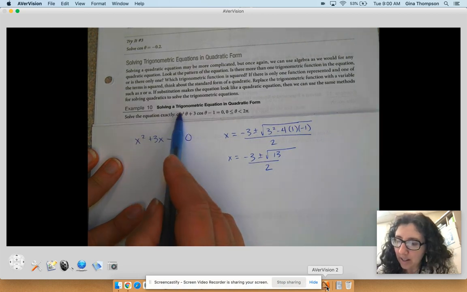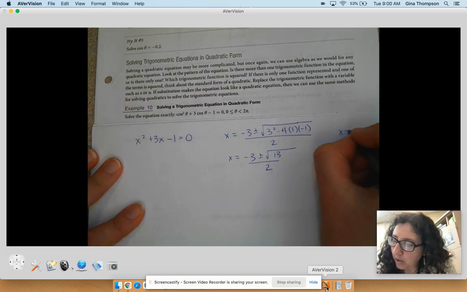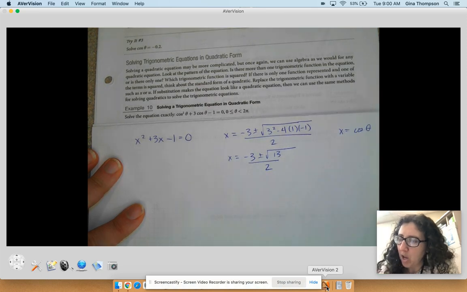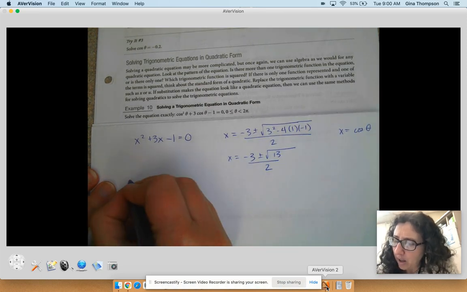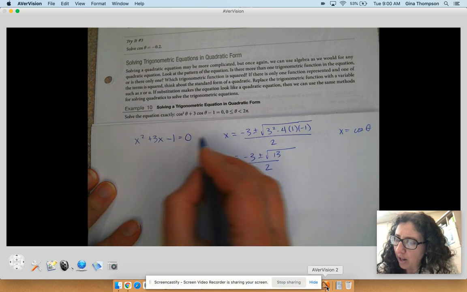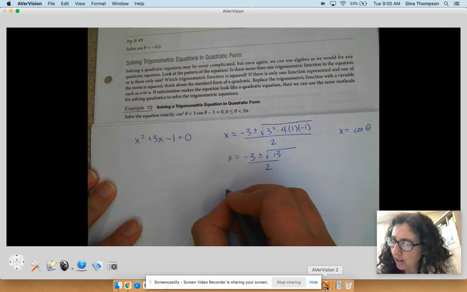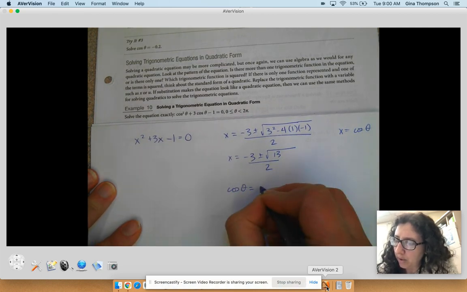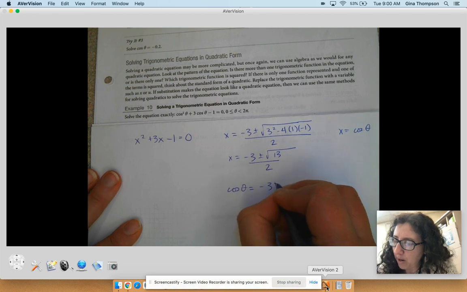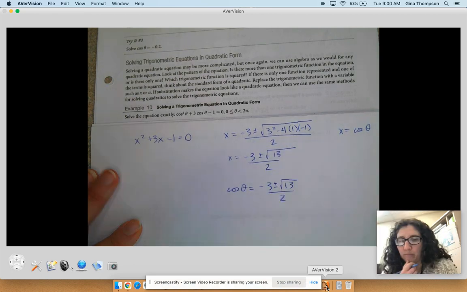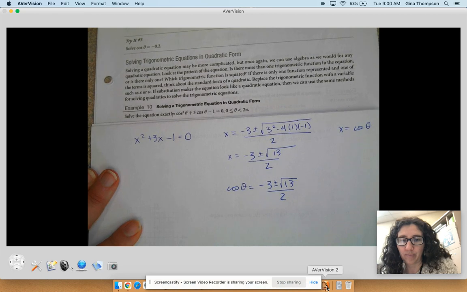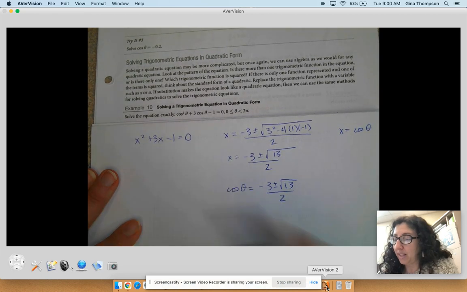Well, all I've done is let x equal cosine of theta, right? So I could write this as cosine of theta equals minus 3 plus or minus the square root of 13, over 2. Well, this is two numbers, right?